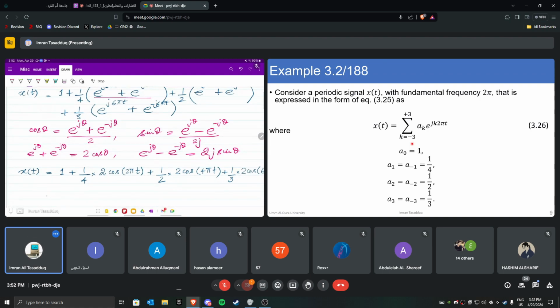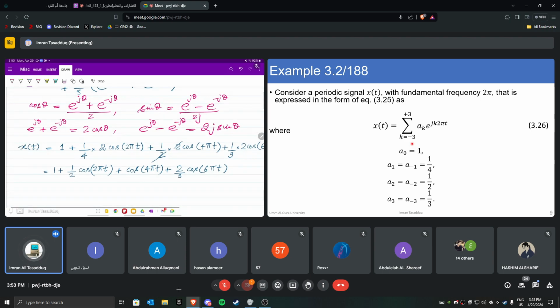So then I can say this is equal to 1 plus 1 by 2 cosine 2 pi t plus, this 2 and this 2 cancel out, cosine 4 pi t, plus 2 over 3 cosine of 6 pi t.